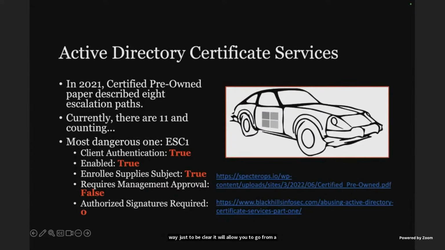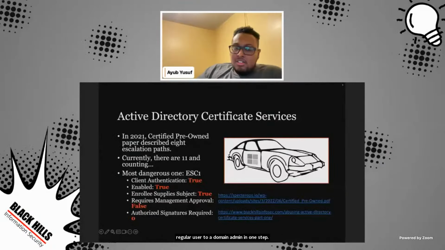It has to allow authentication because you're becoming a domain admin. The certificate has to be enabled. The enrollee has to supply the subject, and right there in the subject is where you tell it that, hey, I'm a domain admin. And then there are also approval steps like authorized signature and manager approval that you have to check. So if all of these conditions are true, you can go from a normal user to a domain admin in one step.